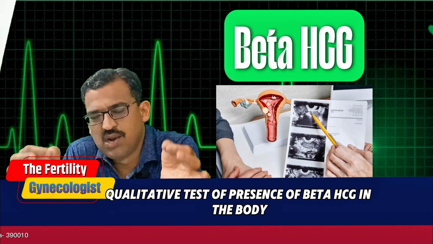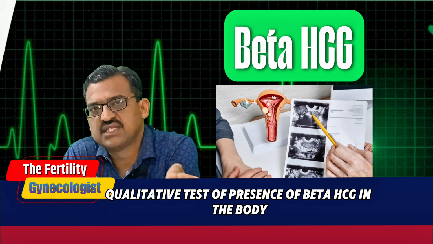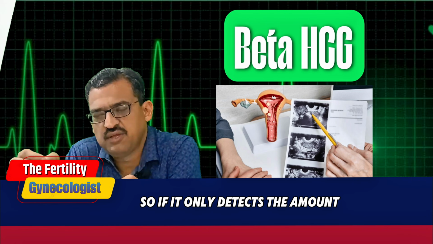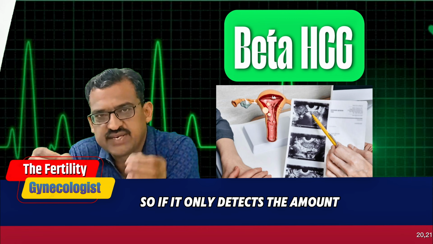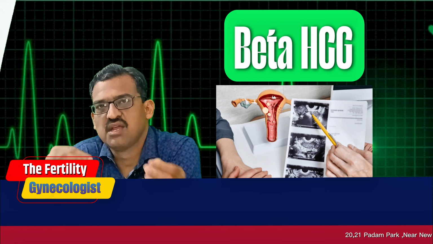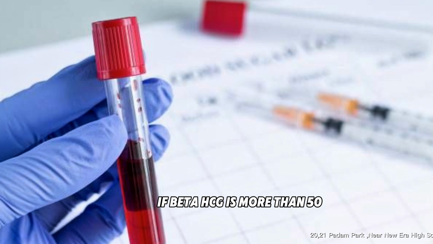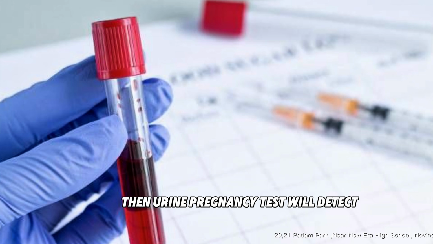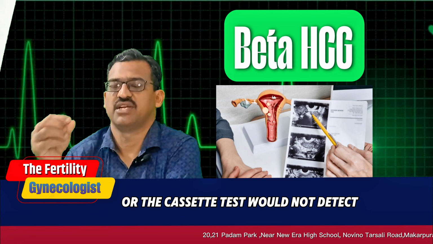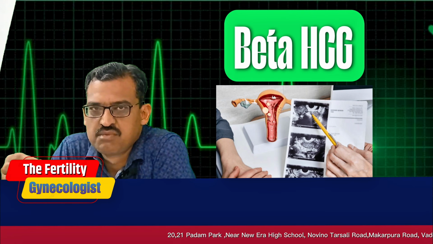But it is a qualitative test of presence of beta HCG in the body. It only detects whether the beta HCG is present or not. If beta HCG is more than 50, then the urine pregnancy test will detect, but if it is less than 50, the urine pregnancy test or cassette test would not detect.